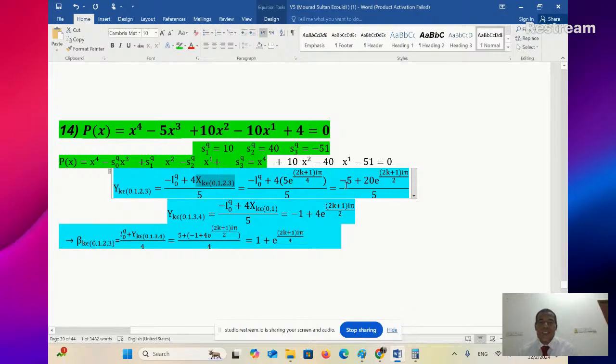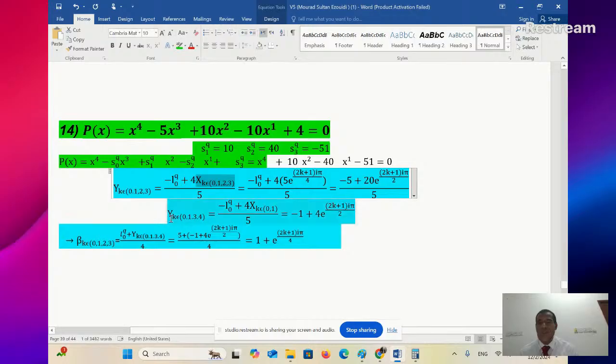So I will just write minus 5 plus 4 times 5 is 20 times exponential (2k plus 1) times i pi divided by 2, all divided by 5. Therefore, 5 is the common factor. I will simplify by 5 in the numerator and 5 in the denominator.